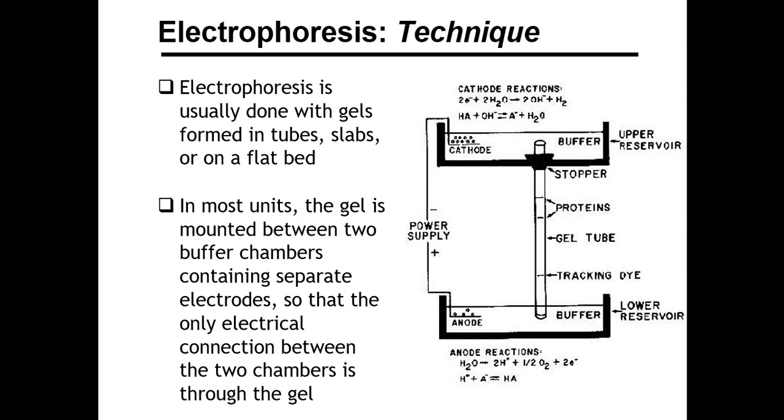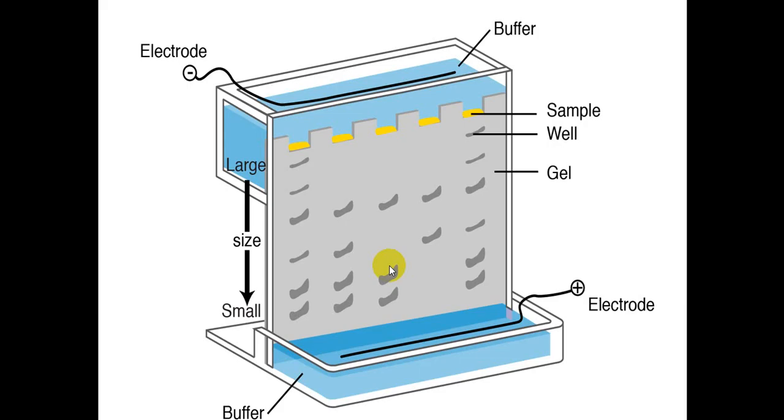Electrophoresis is usually done with gels formed in tubes, slabs, or on a flat bed. This is a gel that has been cast in a tube. The previous one is a gel that has been cast on a flat. This is a slab.